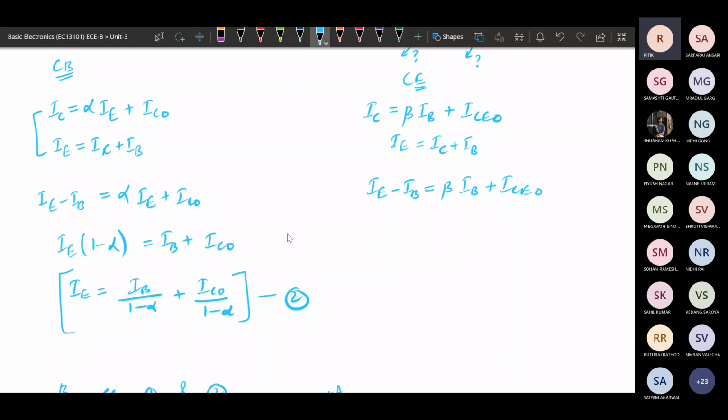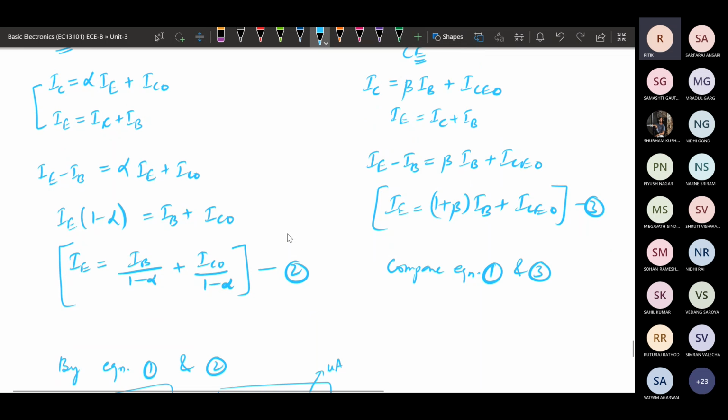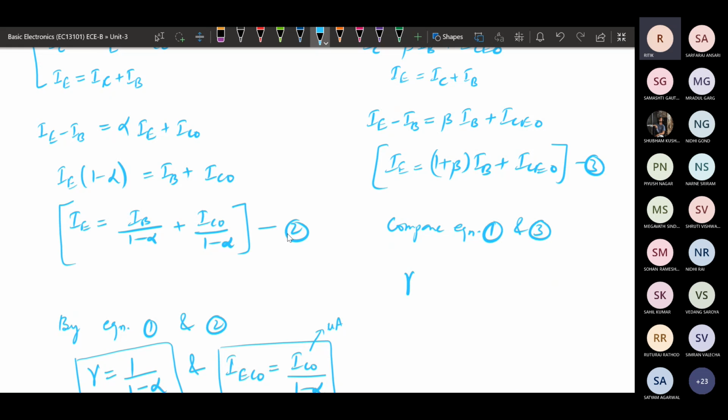From there we can get IE will be equal to 1 plus beta times IB plus ICEO. So if we compare equation 1 and 3, we can get gamma will be equal to 1 plus beta.